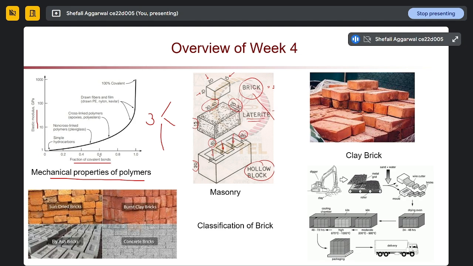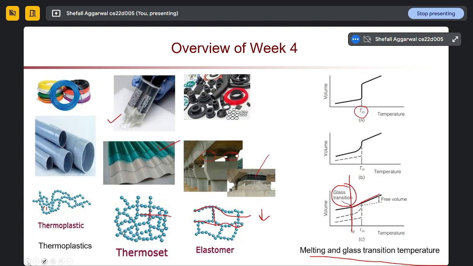If our bonding is very weak, the elastic modulus is low, and as our covalency increases, the elastic modulus also increases. This is a normal graph for polymers between elastic modulus and fraction of covalent bonding. This is what we call a little summary of inorganic and organic polymers.